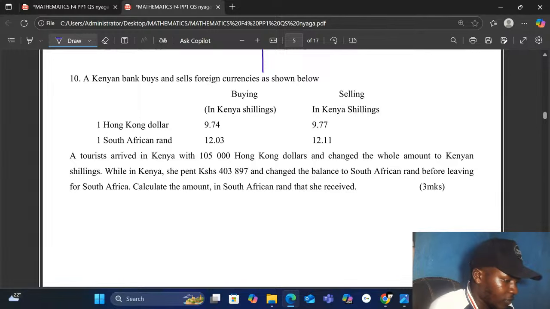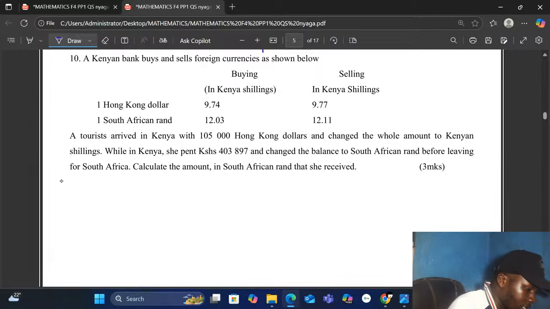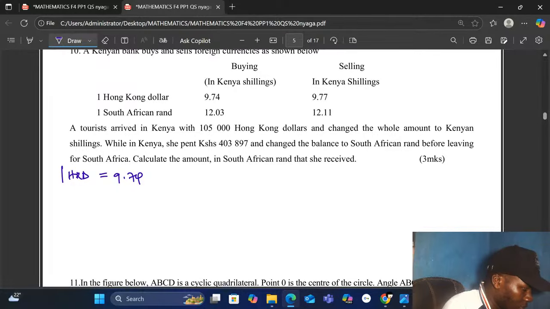Now, first of all, this tourist arrived in Kenya with 105 Hong Kong dollars. Now we have to change these dollars to Kenyan shillings. Now we know that one Hong Kong dollar will give us now 9.74. We shall use the buying column. Then she arrived with 105,000 Hong Kong dollars.